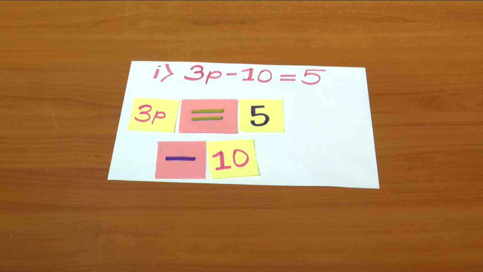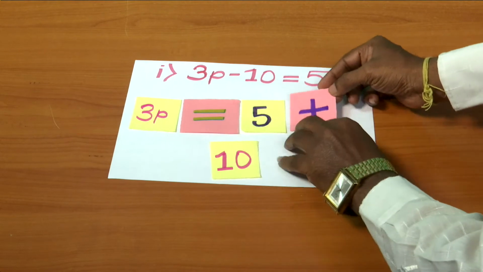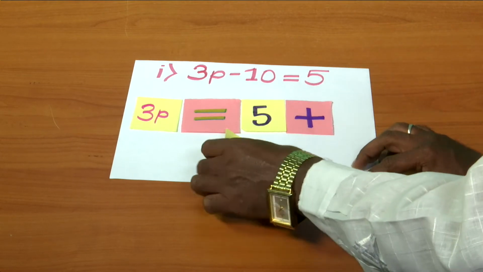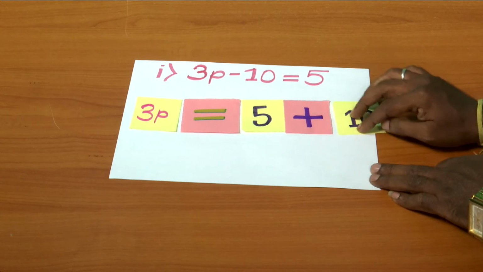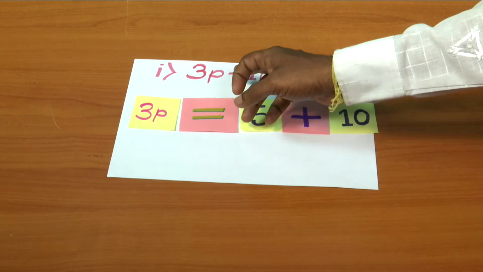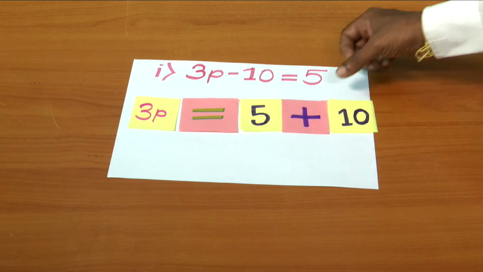This 10 comes to RHS, it converts subtraction to addition. This 10 comes to this side, this is plus 10. When we transpose minus 10 to RHS, it converts to plus 10.